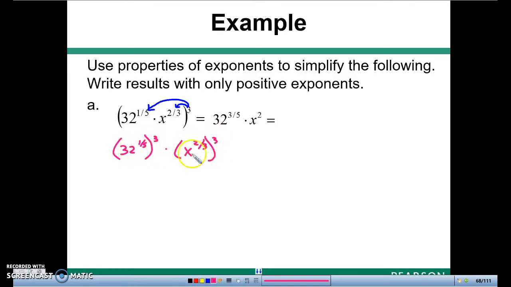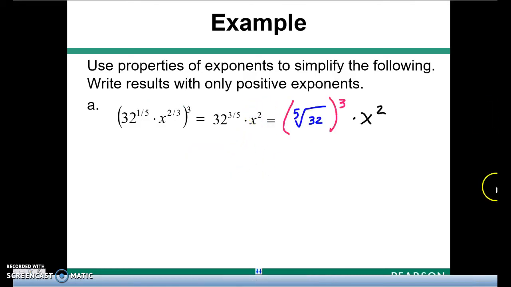You have power to a power, you multiply your powers. That's where this came from. 1/5 times 3 is 3/5, so 32 to the 3/5. And x to the 2/3 multiplied by 3 is x squared. Okay, 2/3 times 3 over 1 is 6 over 3, which is just 2. That's where they got that.